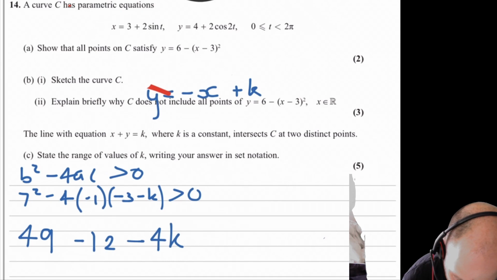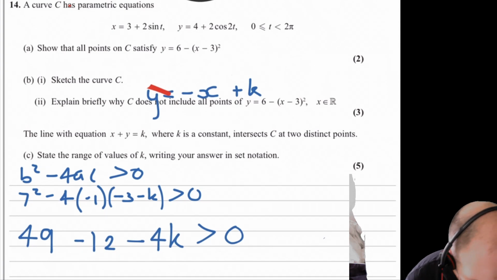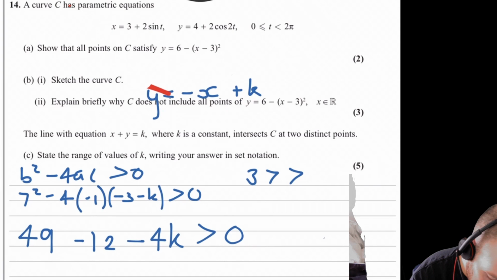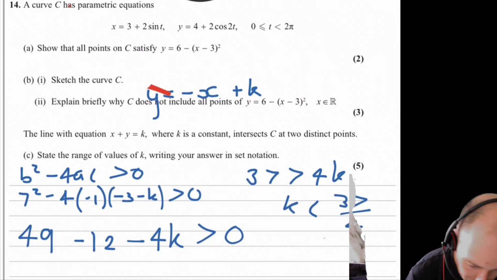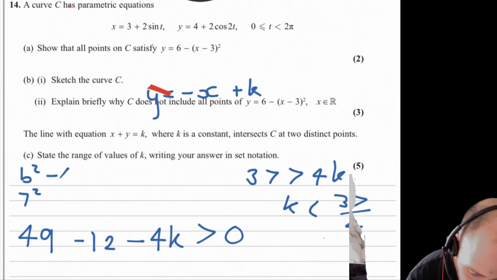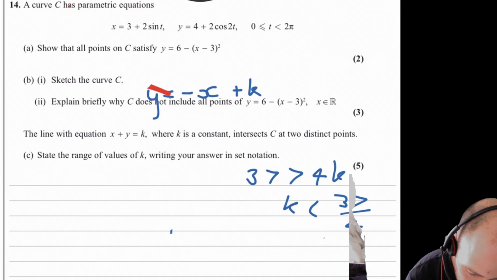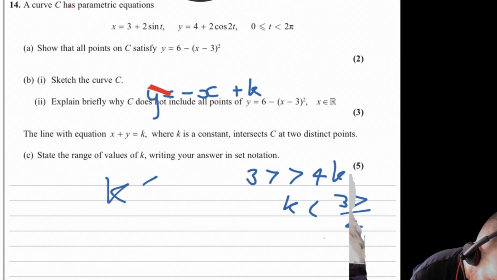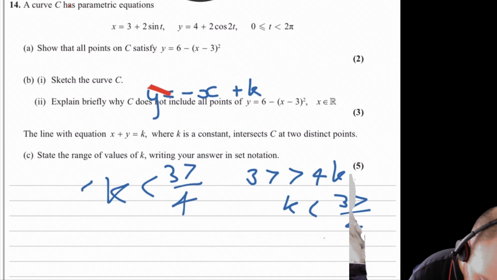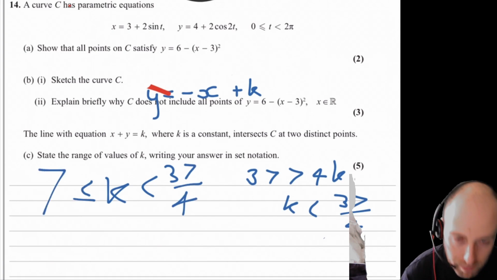So 49 take 12, take 4k, so we're going to get 37 greater than 4k, therefore k needs to be less than 37 over 4. So our range of k values in set notation, k is less than 37 over 4, greater than 7.